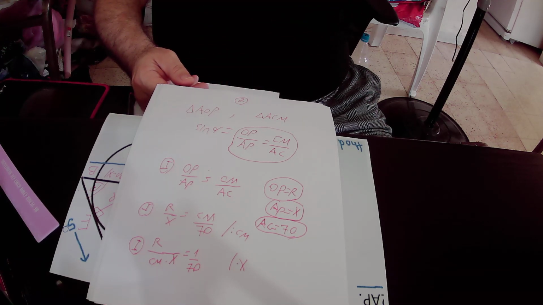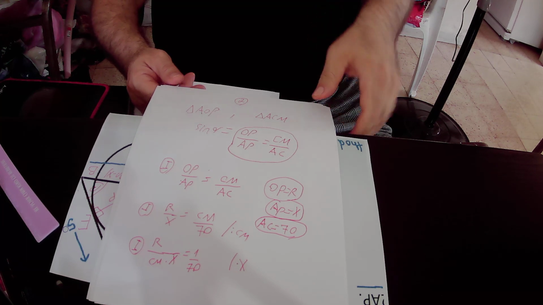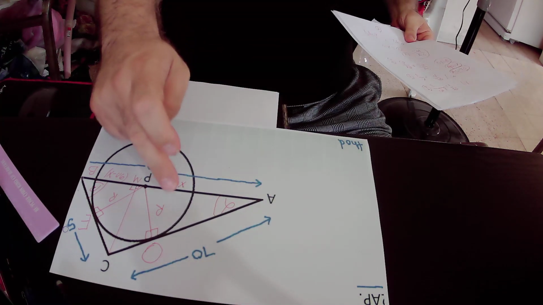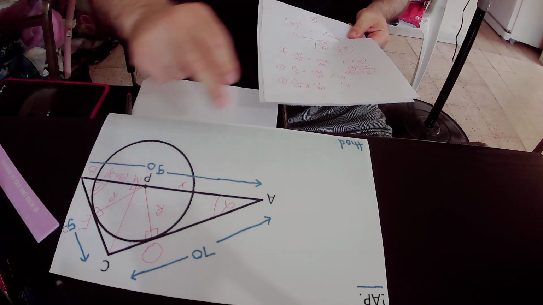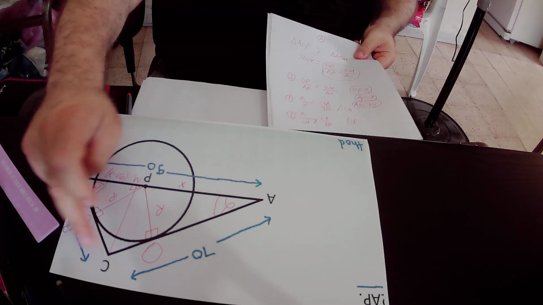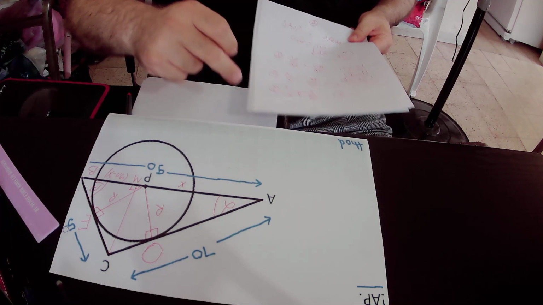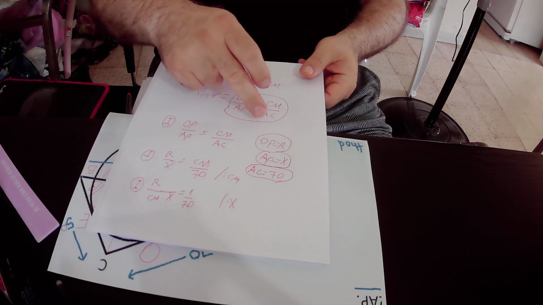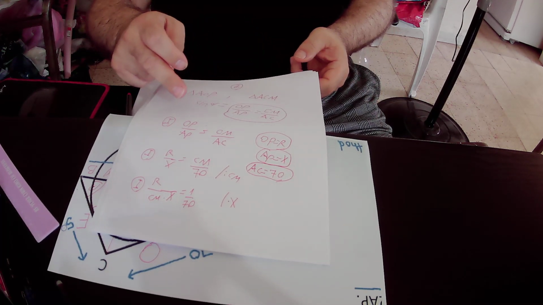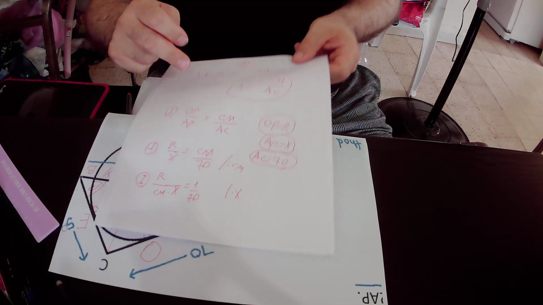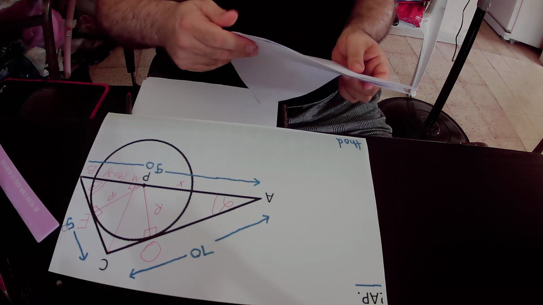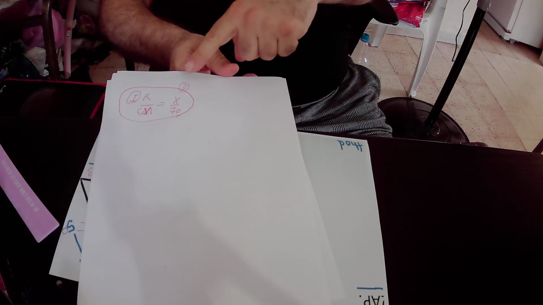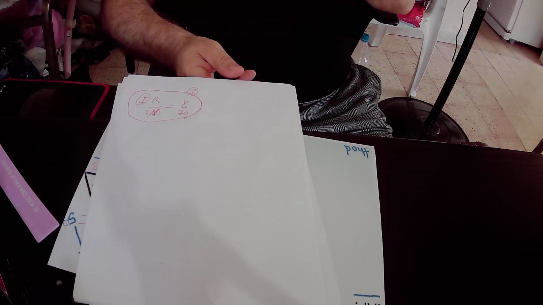But we know that OP equals R and AP equals X according to our definition, and also AC is given to us, equal to 70. So we can put this data in equation number 1, and at the end we got that R over CM equals X over 70.